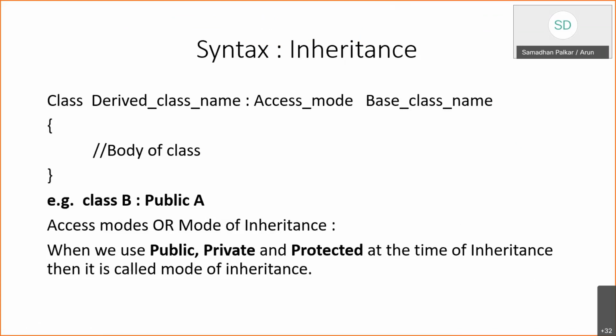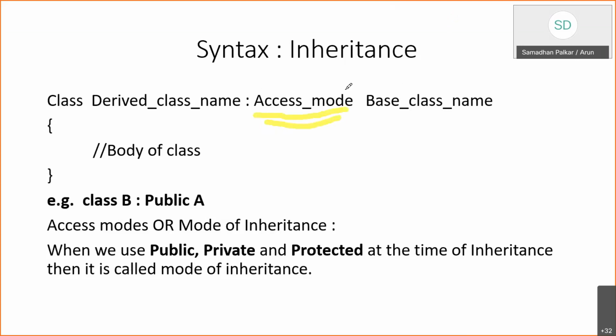So whatever is there in the base class, you can access those properties and member functions based on the access mode, which gives you the relation between this derived class and base class.